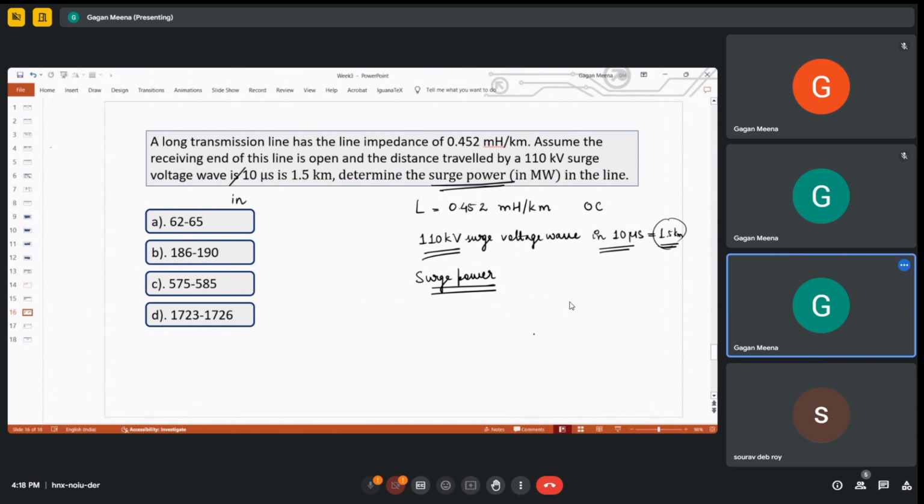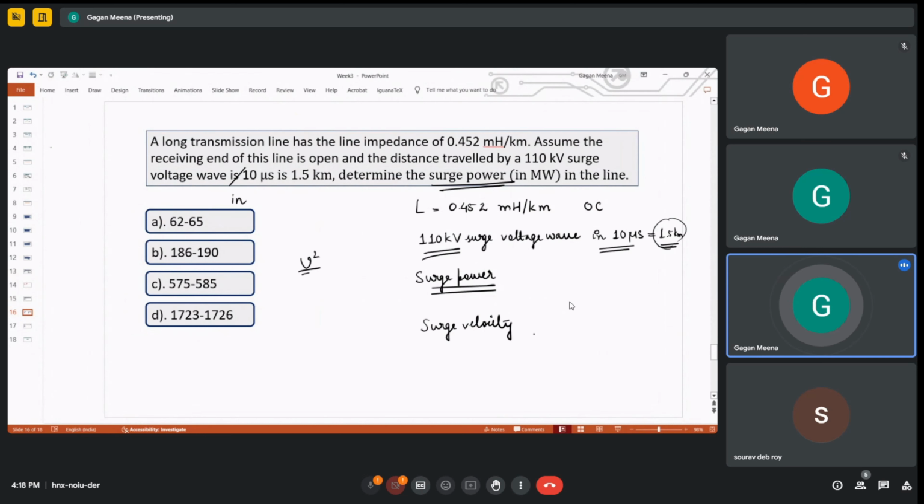Yeah. So we know the formula for surge velocity. And what is surge power?